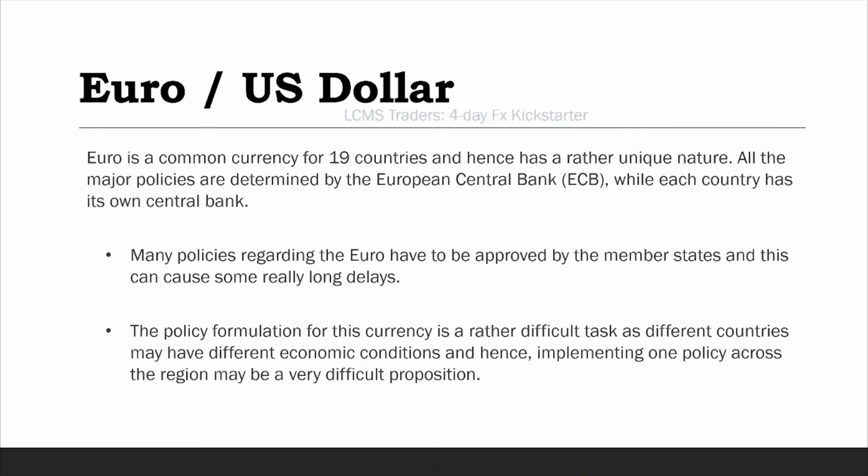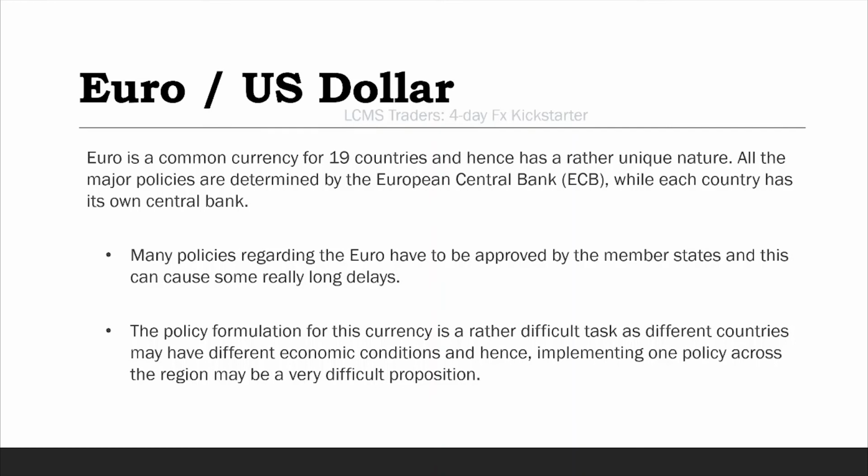So a lot of policies, a lot of things regarding the euro have to be approved by all member states. And this causes massive long delays. Policy formulation for the currency is a very difficult task, takes a long time, and needs everyone to agree. Implementing one policy could be very difficult.